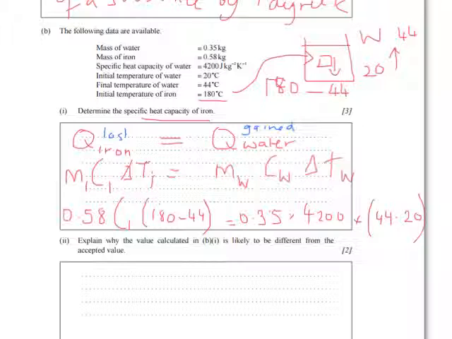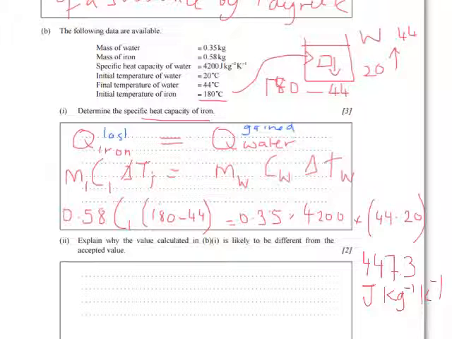And then you calculate all that and you should get 447.3 joules per kilogram per Kelvin. Don't forget units.